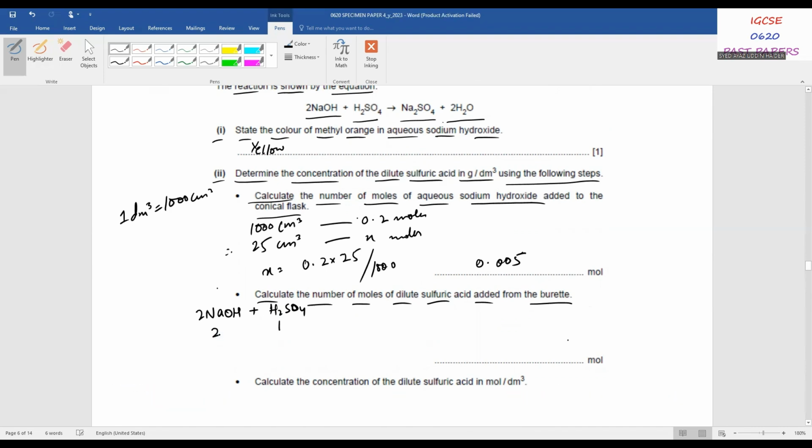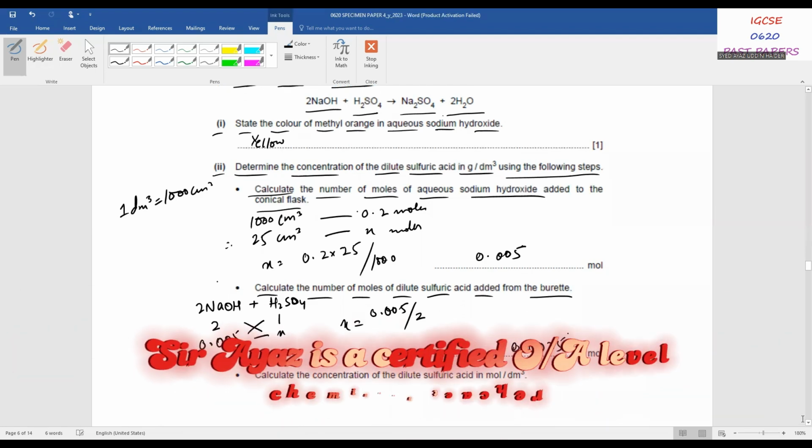So you will calculate the number of moles of sulfuric acid. 0.005 moles of sodium hydroxide reacts with x moles of H2SO4. So x will be equal to 0.005 divided by 2. The answer will be 0.0025 moles of sulfuric acid.